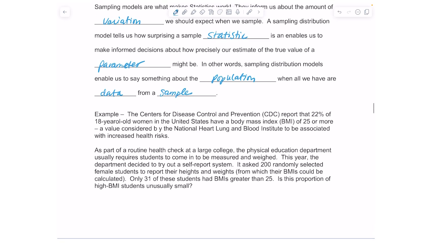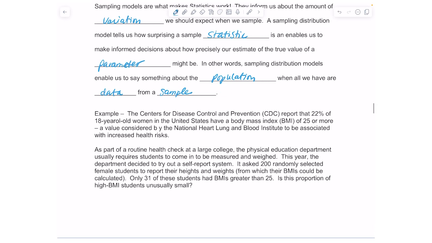Okay, please pause the video and read the example, and then we'll solve this together. The Centers for Disease Control and Prevention report that 22% of 18-year-old women in the United States have a body mass index of 25 or more, a value considered by the National Heart, Lung, and Blood Institute to be associated with increased health risks.